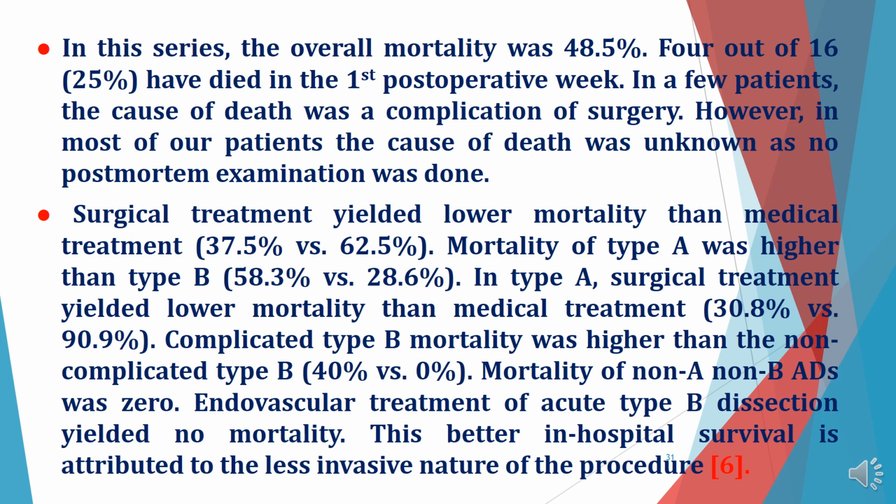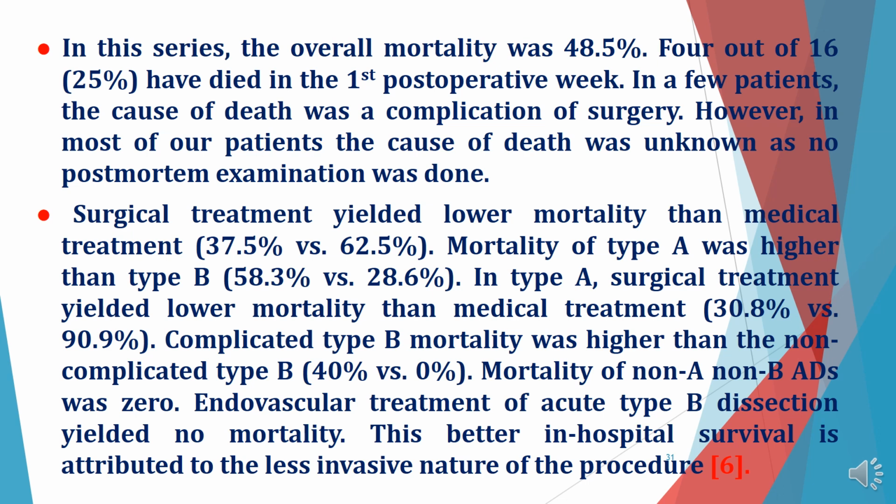In a few patients, the cause of death was a complication of surgery. However, in most of our patients, the cause of death was unknown as no post-mortem examination was performed.